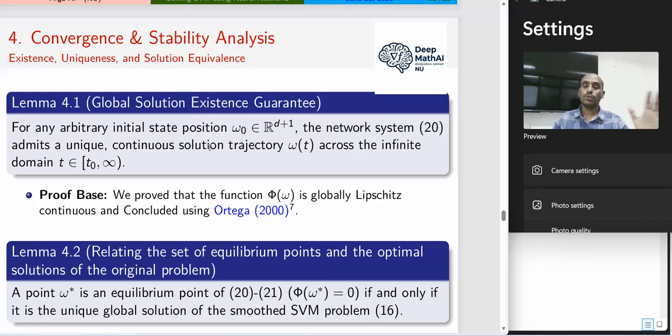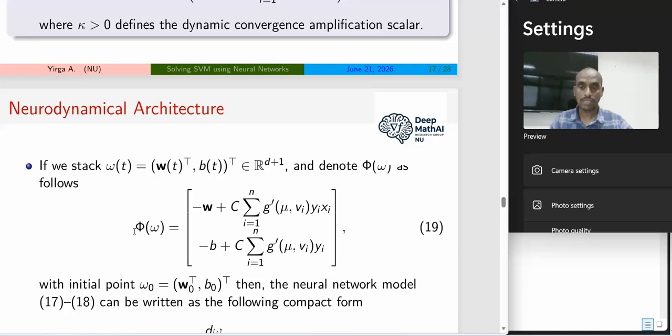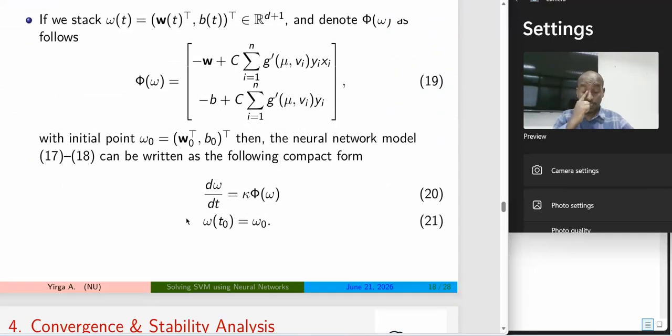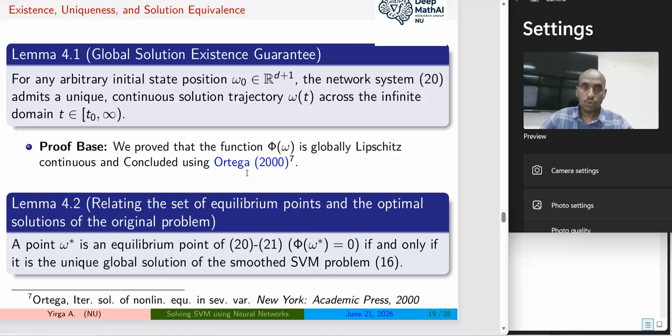To show the existence, it is sufficient to show the global Lipschitz property of this function given by 19. So the dynamical system is proven to have a guaranteed global solution.